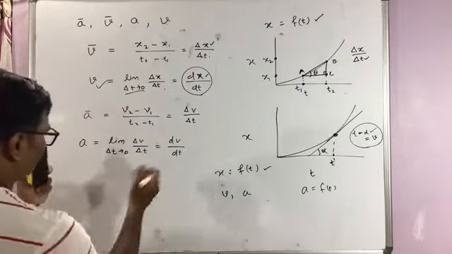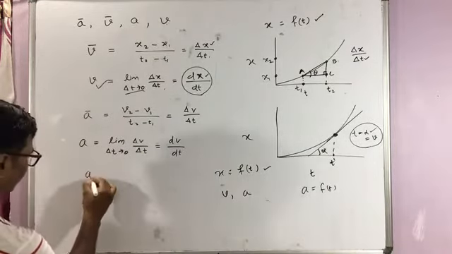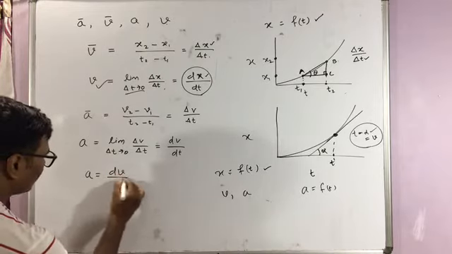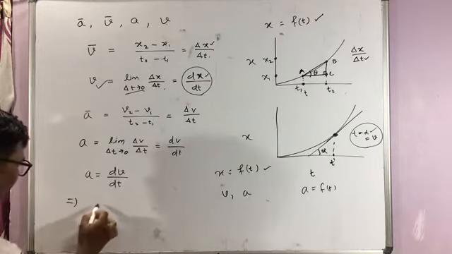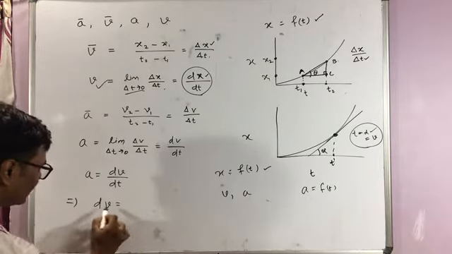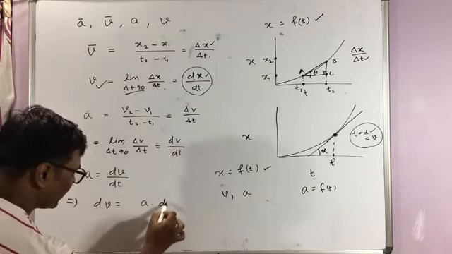Let us understand here, we know a is equal to dv upon dt. So which implies dv is what? It is simply a dt.